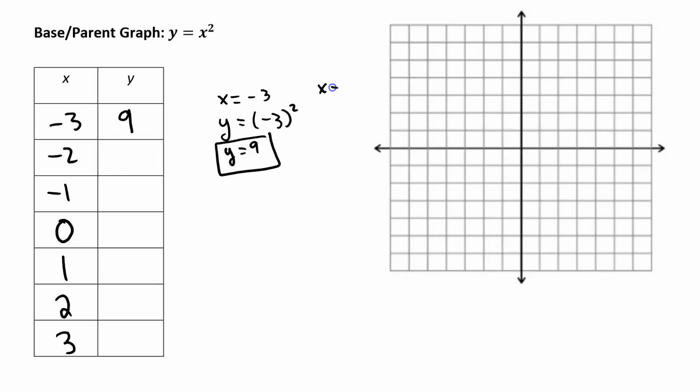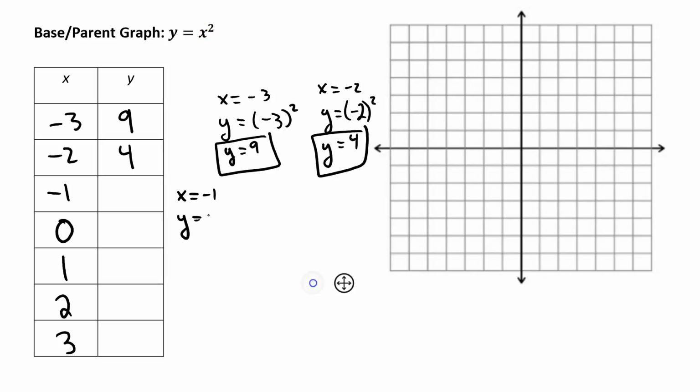And when x equals -2, I'm going to substitute in -2 for my x. So y equals -2 squared. Y is going to be 4. So in my table of values here, I'm going to write in a 4. What happens when x equals -1? Y then equals -1 squared, which equals +1.